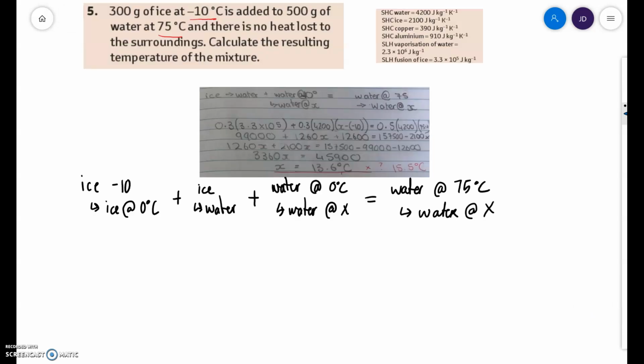Sorry about that. Okay, so when you actually fill it in, what you have is 0.3 times mc delta theta for the ice. So c is 2100.